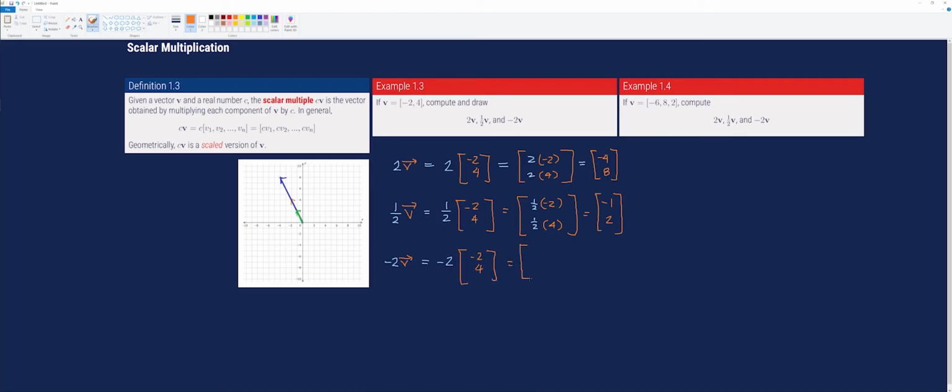We will multiply each component by -2. This is the first component, and this is the second component. Perform the operation, so we will have our answer, that is 4 and -8.